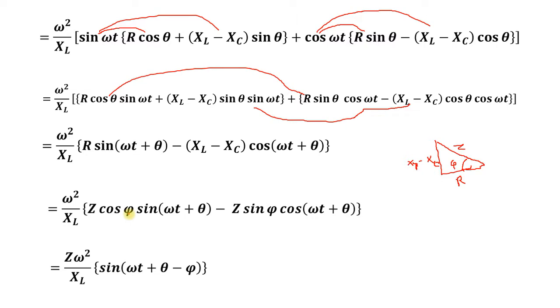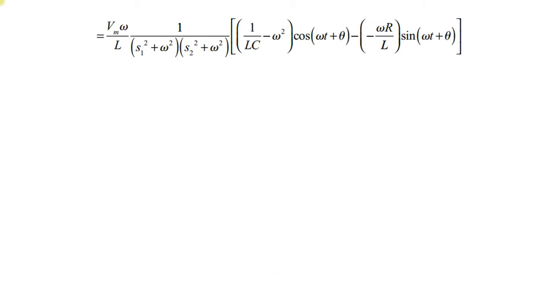So this is the final value of part B in the current equation. Now this is the final current equation. This is part A, and this is part B. Now you substitute the values we found during the session.